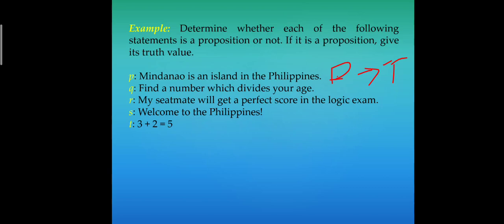If we translate this into a verbal phrase, it will be the sum of 3 and 2 is 5, which is a declarative sentence. And it is also a true statement because if we add 3 and 2, it will be equal to 5. Therefore, proposition T is a true proposition.